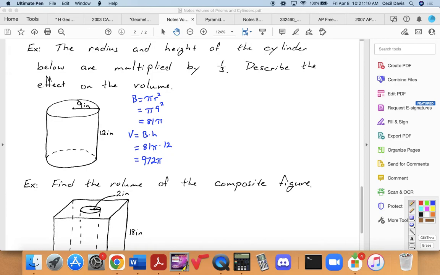Okay, if we multiplied the radius and the height by 1/3, so my new cylinder would have a radius, what's 1/3 of 9? 3. Oh, sorry, I didn't put the units on this, cubic inches. What would the height be? 4, because 1/3 of 12 is 4.